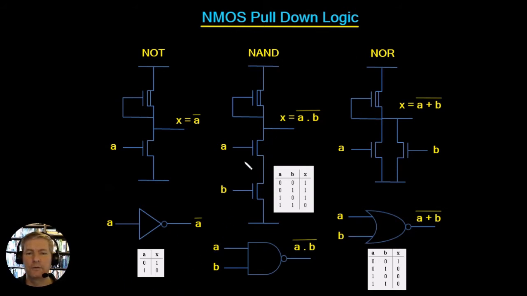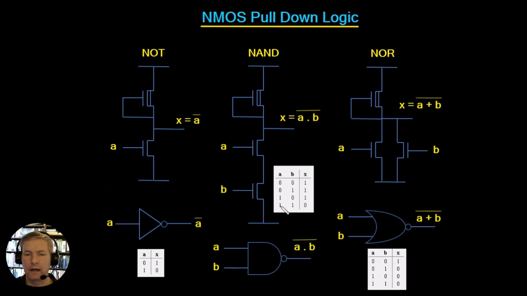Now let's see what happens whenever we put another transistor down below this A, this transistor here. That would mean that this point won't be pulled down to ground, that is, there won't be a connection from here down to ground unless both this transistor here turns on and this transistor turns on. That is whenever both inputs go high, and you can see that in the table here for our NAND gate.